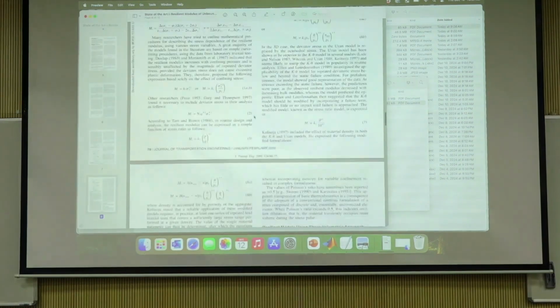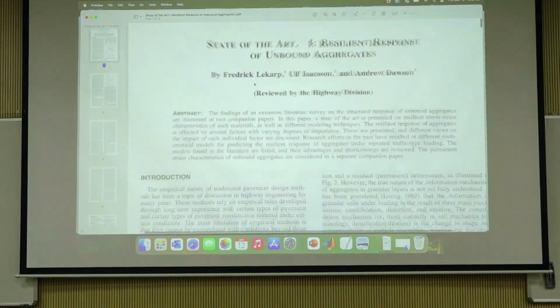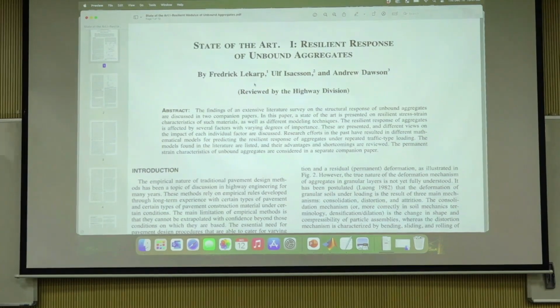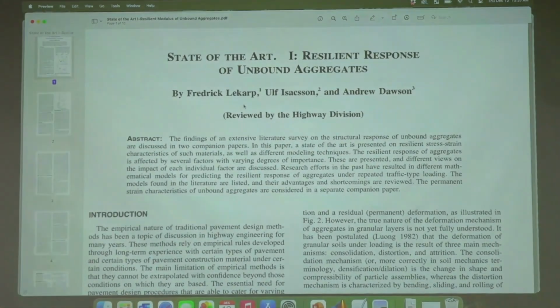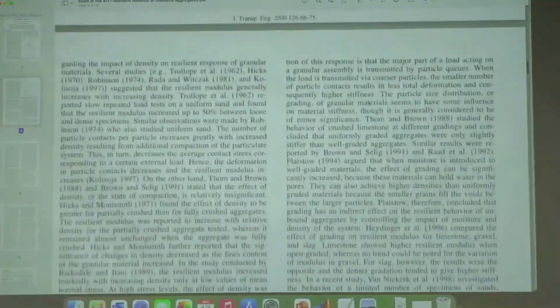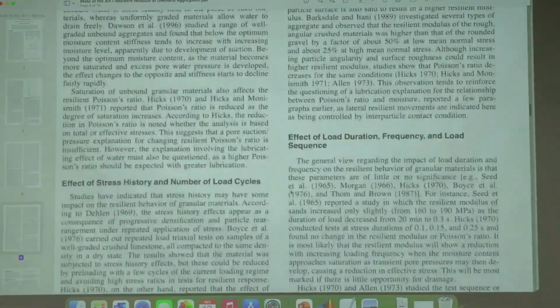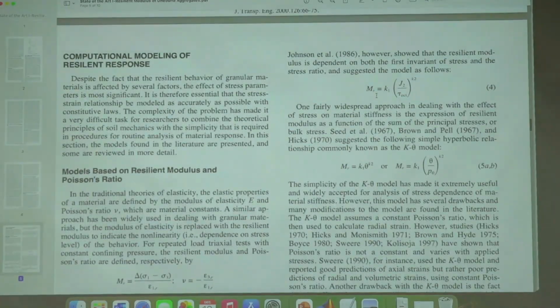There is a state of the art paper. Again, it's not state of the art anymore because it is a 2001 paper, but it's a very well written paper by Lecarp et al. on resilient modulus of unbound aggregates. It gives a lot of details about how the models work, how the moving wheel load should be captured, what is the difference between constant confining versus variable confining, what are the effects of moisture content, aggregate type, stress history, load duration, computational modeling, how it is done, how the different models are developed, where the parameters are coming from.